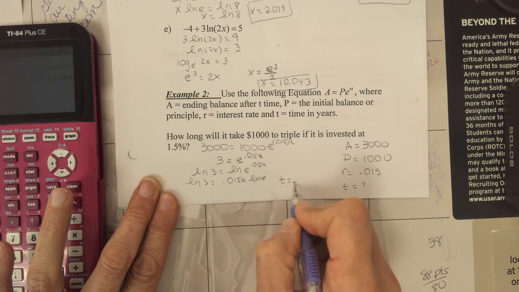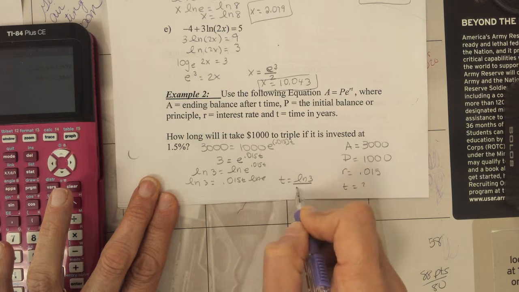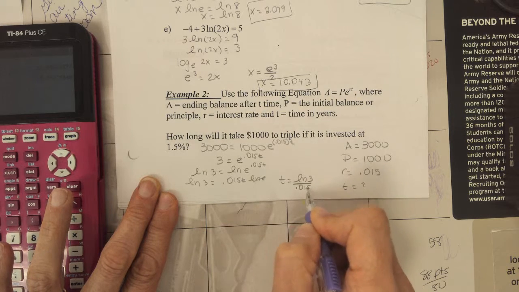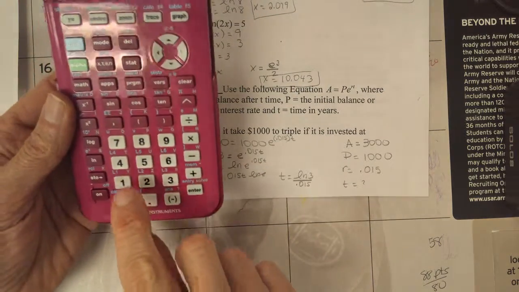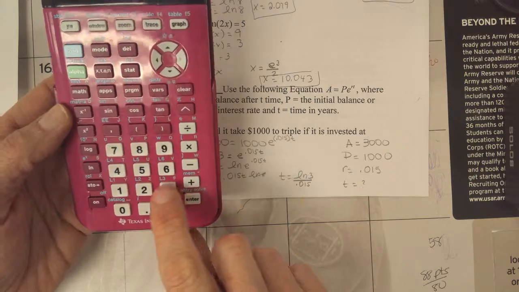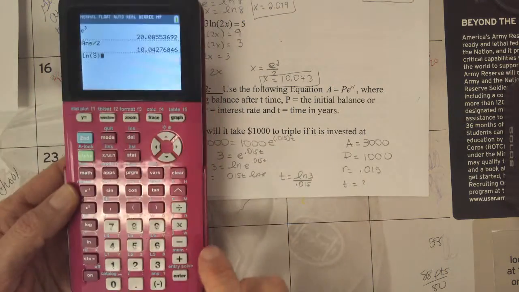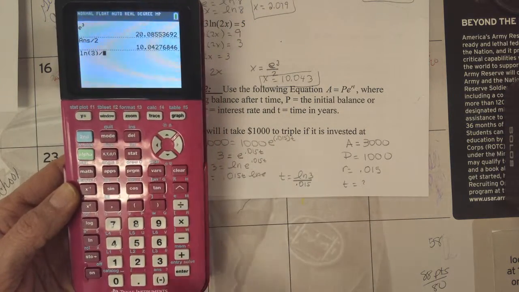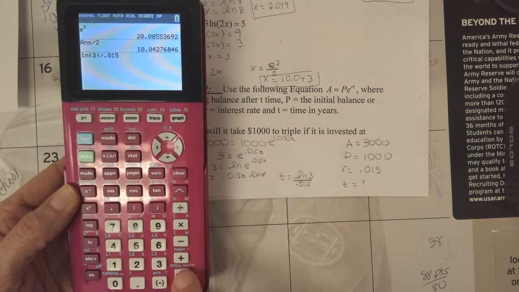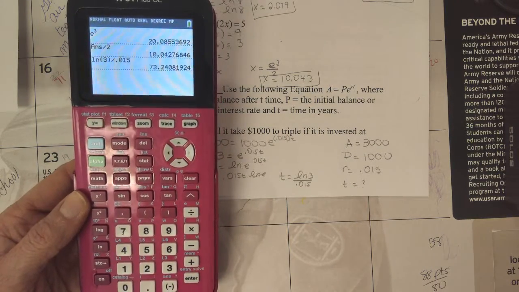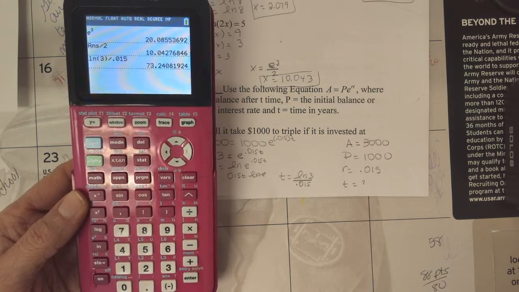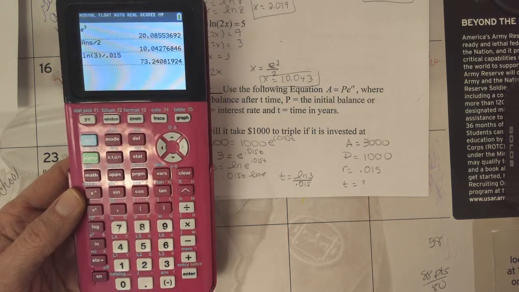So T equals the natural log of 3 divided by 0.015. So natural log 3 divided by 0.015. And you get 73.2408. So about 73 years and a quarter of a year or 3 months.